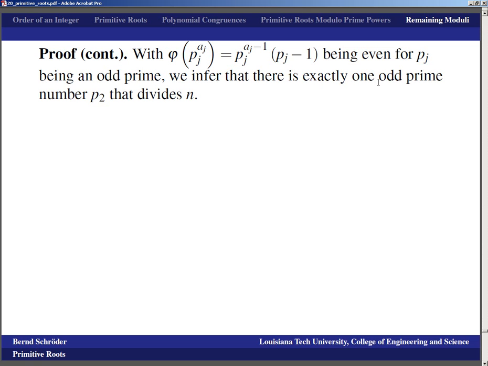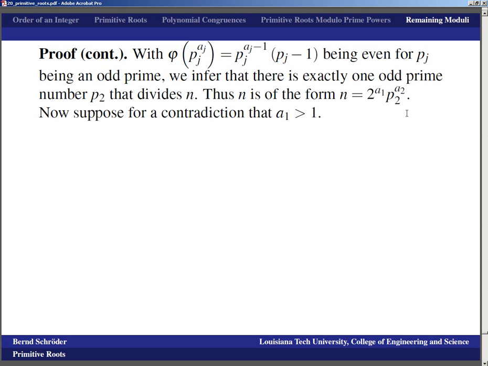There is exactly one odd prime number, we call it p2, that divides n, and that means that n must be of the form 2^a1 p2^a2, and suppose for a contradiction that a1 is greater than 1.